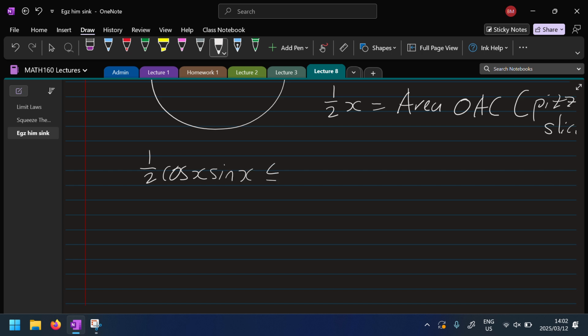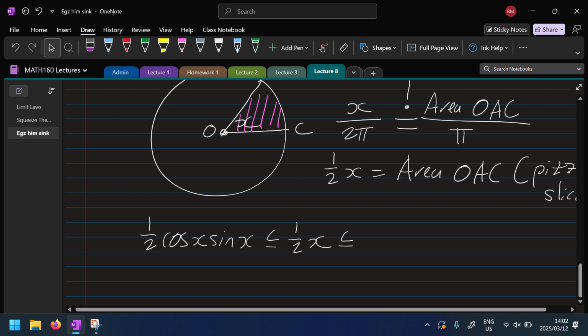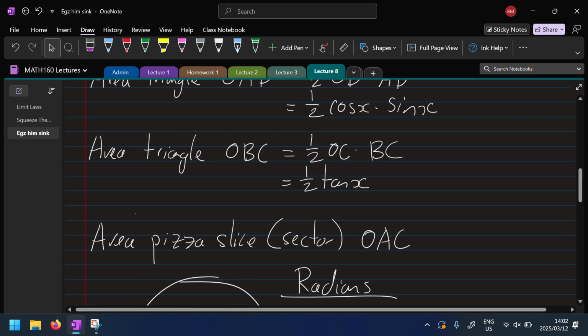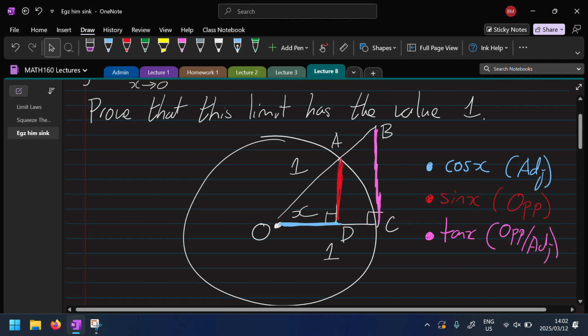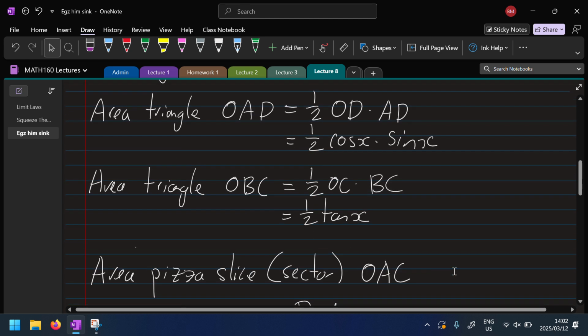This is less than or equal to the pizza slice area. We have that above there, half x. And this is less than or equal to that bigger triangle that went outside the circle. That was the OBC area. That was the largest one. That was half tan x.